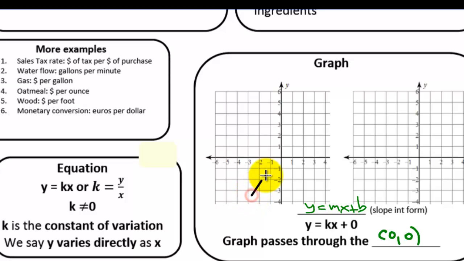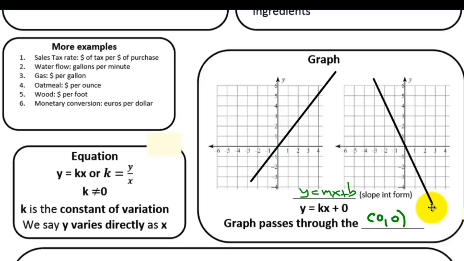One example will be this straight line. Now this straight line passes through the origin. Another example will be this line. Provided that the straight line passes through the origin, it will be a direct variation.